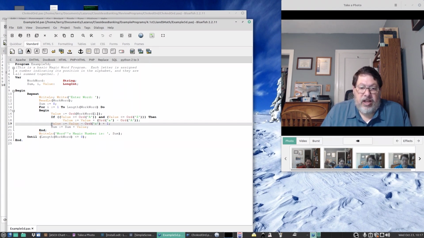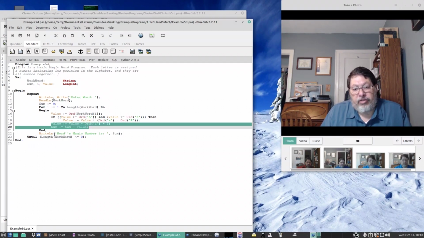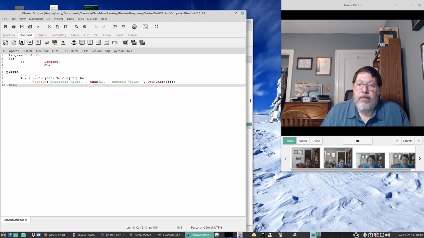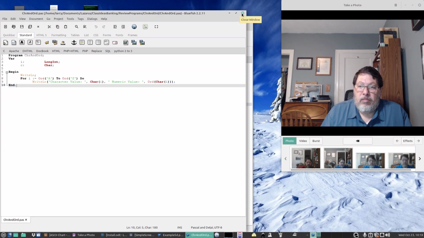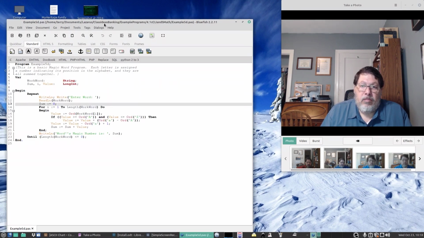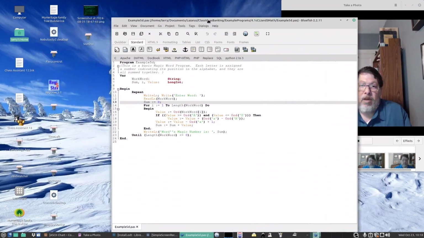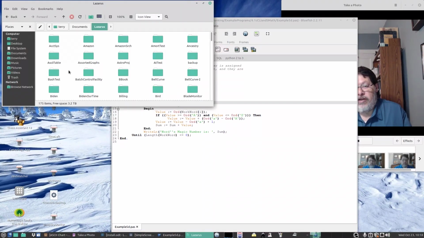Actually, these two statements. And then finally, we write out the value, which prints out the sum of all the letters of the string.